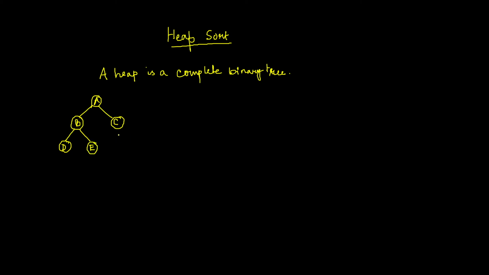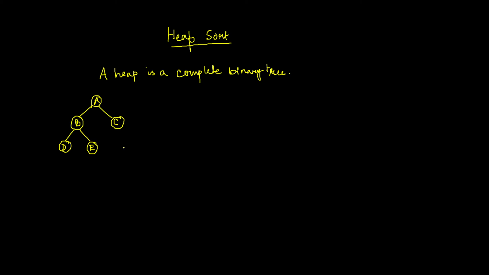Now, what is the property of a complete binary tree? Each and every node will have at most two children, and all the nodes above the last level of the tree should be completely filled. And the third point is that the nodes should be filled from left to right.